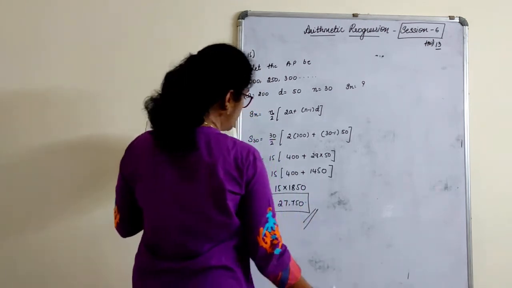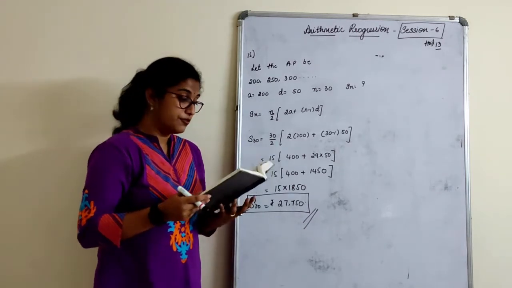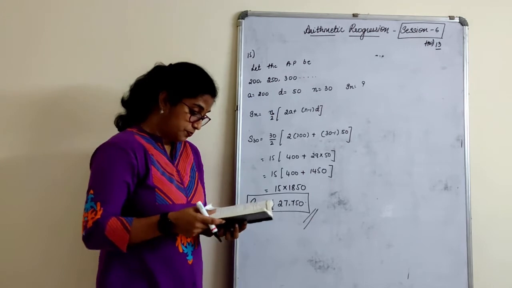This is the amount, 27,750, the contractor has to pay after 30 days of the work delay.